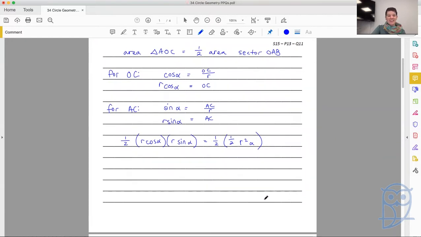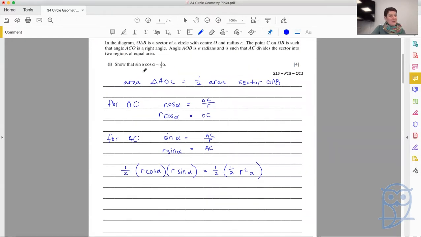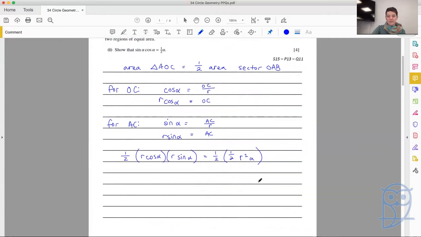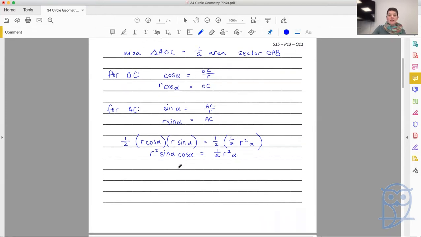Now this is looking rather familiar to what we were aiming for. So multiplying both sides by 2, clearing the fraction, and then we can rearrange a bit to make things look nicer. We would have R squared sine alpha cos alpha equals 1/2 R squared alpha. If there's an R squared on both sides, then the coefficients of the R squareds must be equal.